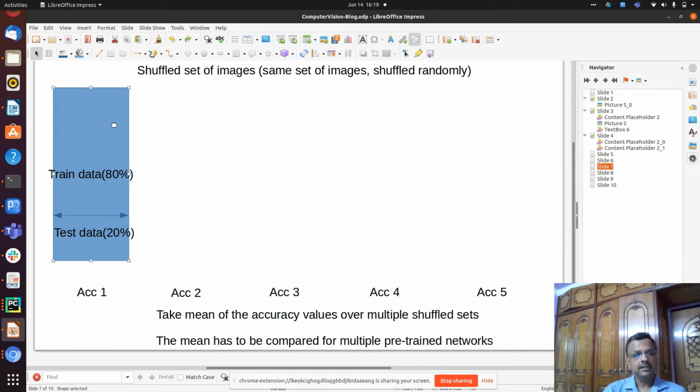when we do that, we can get different values of accuracy in the different folds or the different shuffles.